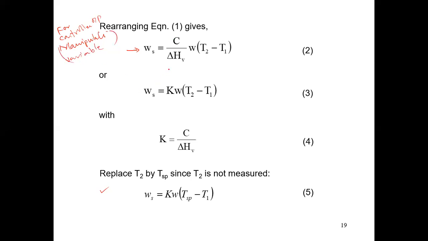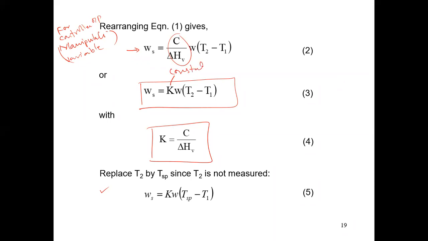Okay, then इसमें we will together call this as a K here, and we will have something like this. WS equals to some constant times, this is another variable. This is T2 is the output Y, and T1 was our inlet.